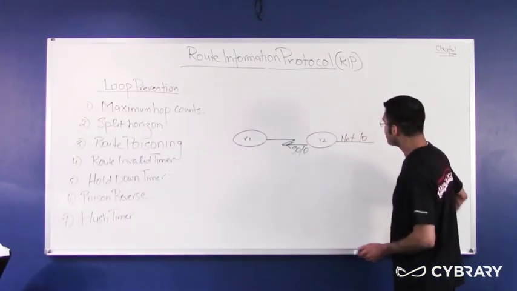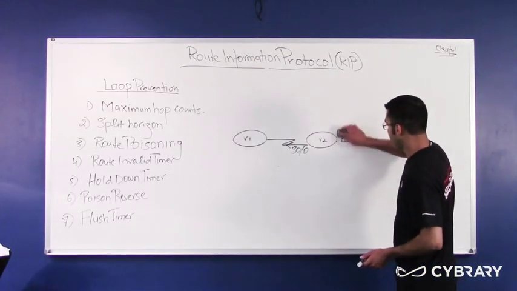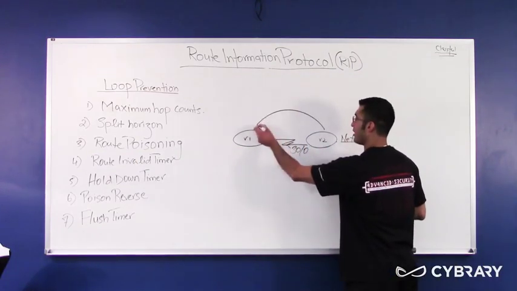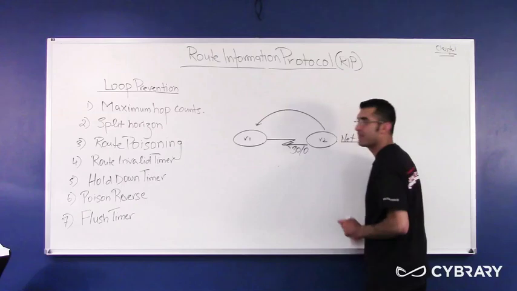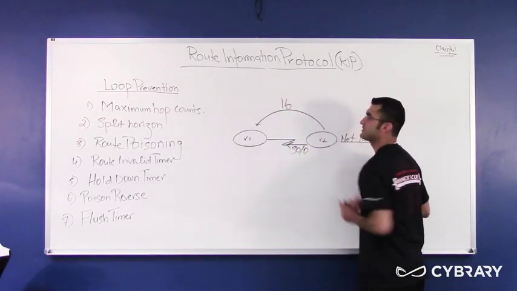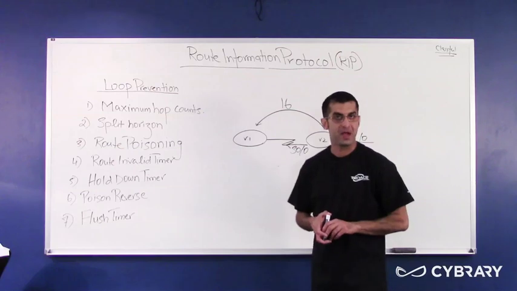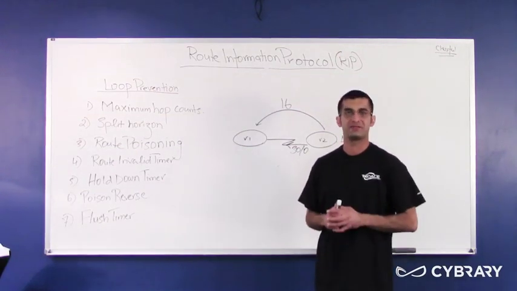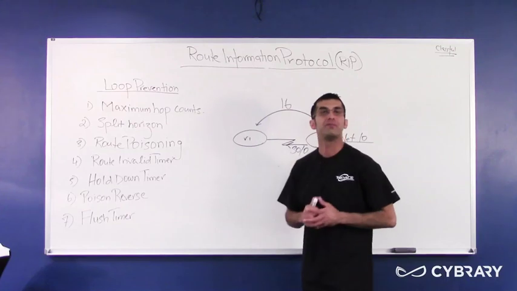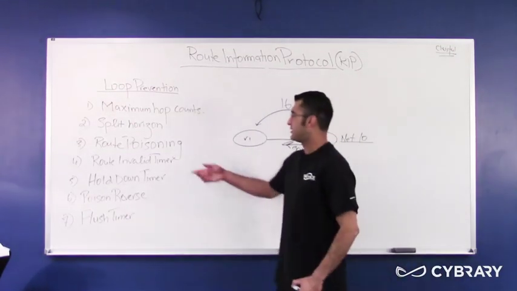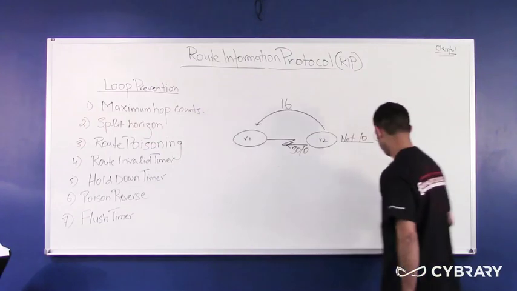So if this network for any reason goes down, this link fails, router 2 will immediately send an update to router 1 telling router 1 that network 10 now has a hop count of 16, or an infinite hop count. And you can never get to an infinitely far away destination, so router 1 won't even bother trying to route to network 10. The fourth one is route invalid timer.